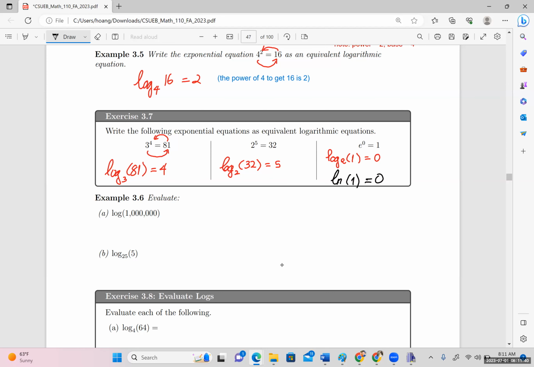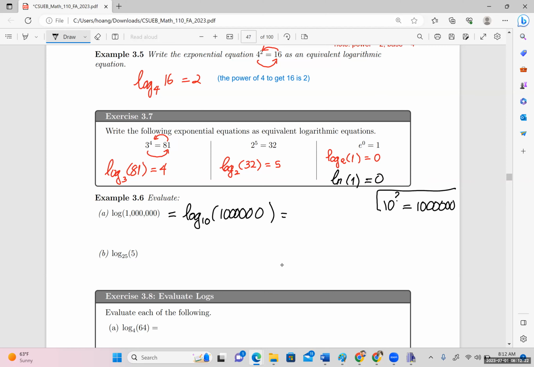Keep in mind that this is the same as log base 10 of 1 million. It has the same meaning as: what is the power of base 10 to get 1 million?